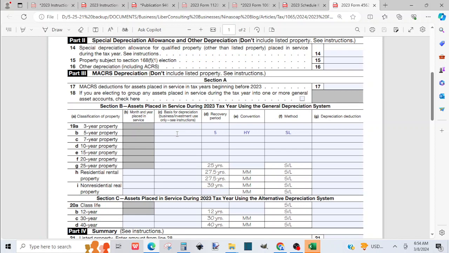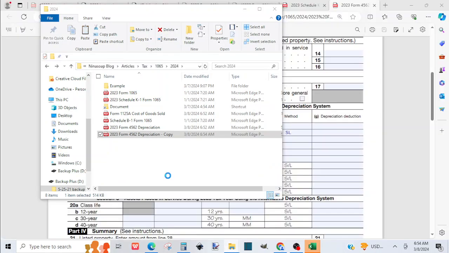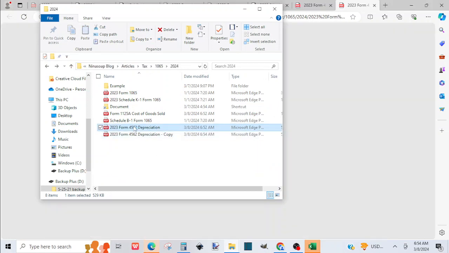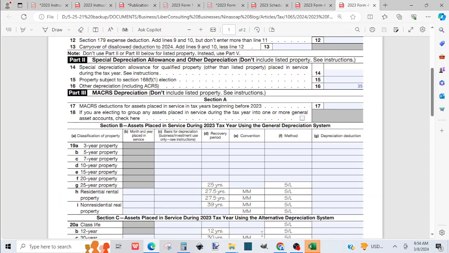In fact, we should be able to do this on the original one as well, so that we have 2. So what I'm going to do is, let's open the original one that will have the summary of everything, and let's put 1 on it. So it's going to be recovery 5, conversion a half year, method straight line.